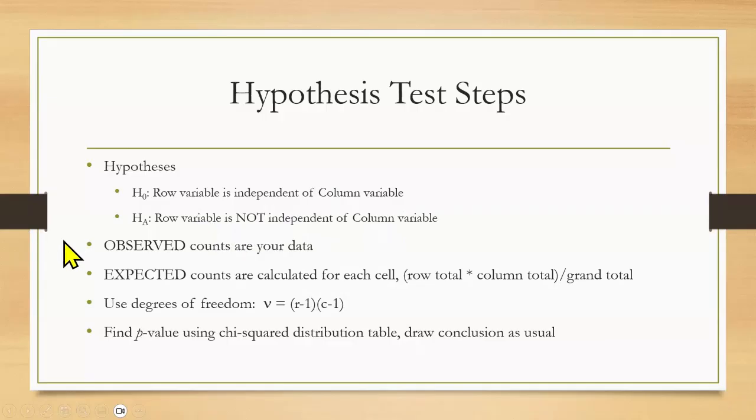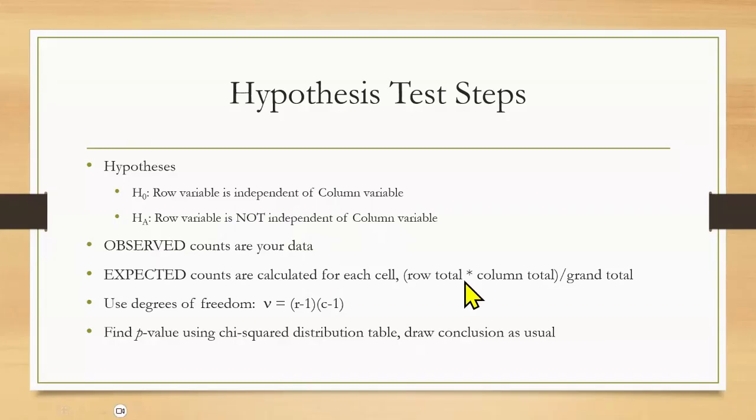We're going to need to have observeds and expecteds in order to calculate our chi-square test statistic. Our observed counts are our data. We observed it. Our expected counts are calculated: what we should have if our null hypothesis is true.